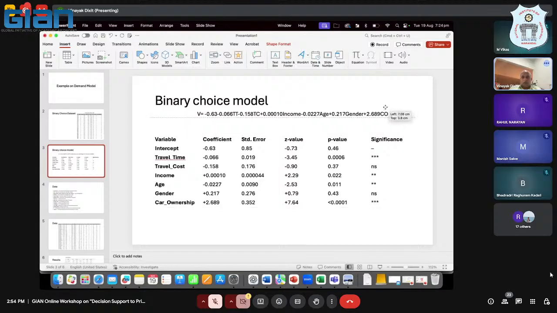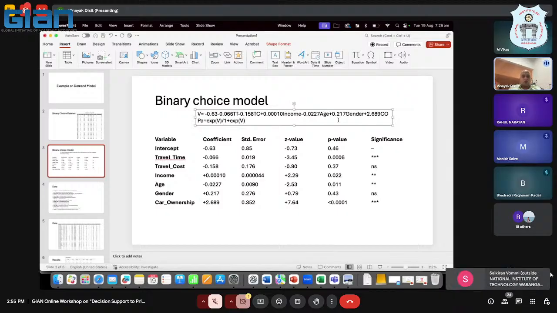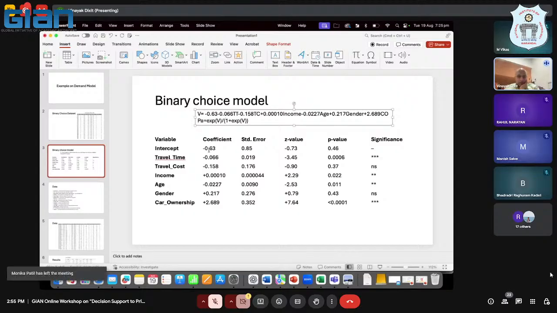So the probability of choosing alternative A is equal to e raised to the power V, that is, exponent of V divided by 1 plus exponent of V. That's basically how you would solve for the probabilities, and that's how you've got these results.